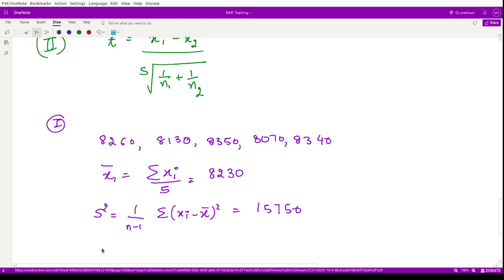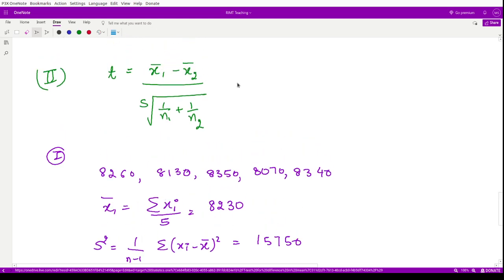And here obviously, let me call this n1, n1 is equal to 5. So from here you obtain x1 bar as 8230. Now we do not yet know what s is, but we know n1, that is 5.